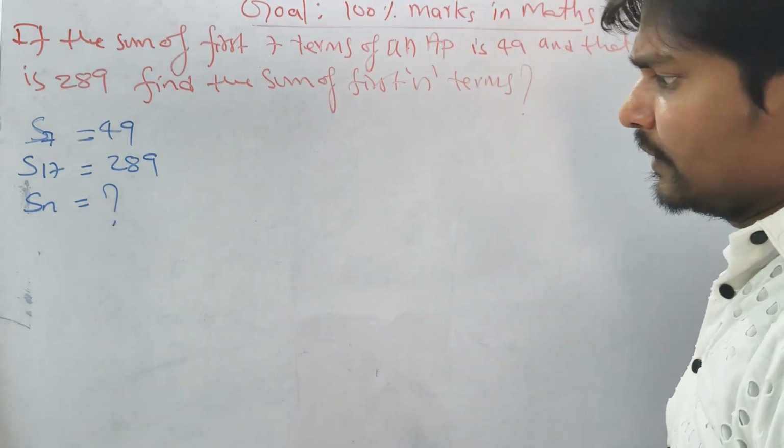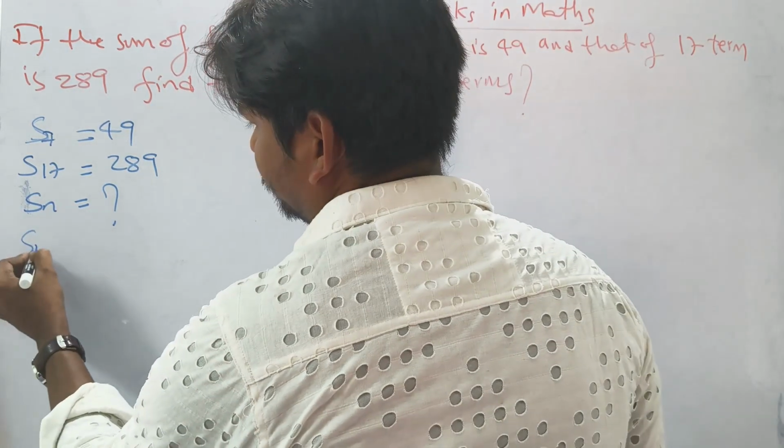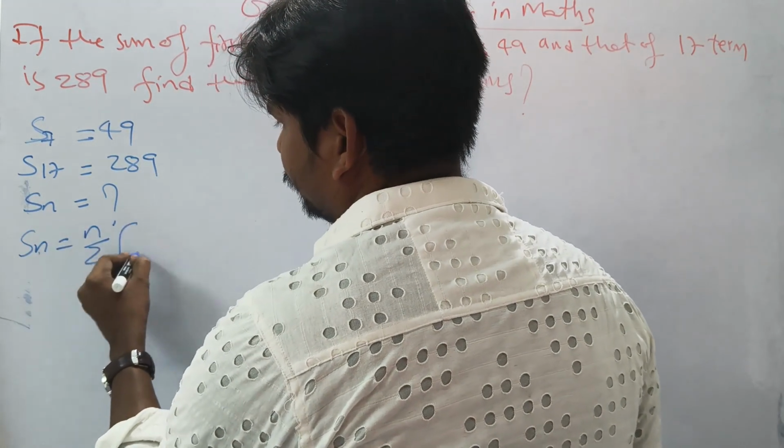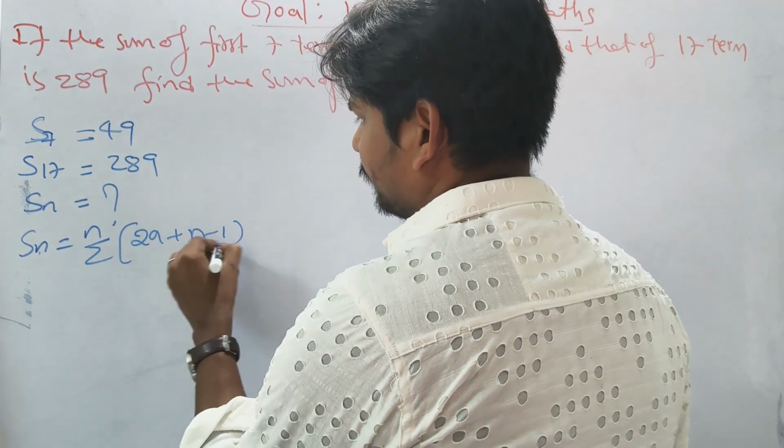We already know the formula: Sn is equal to n by 2 into 2a plus (n minus 1) into d.